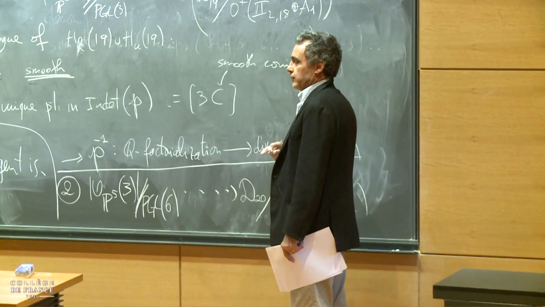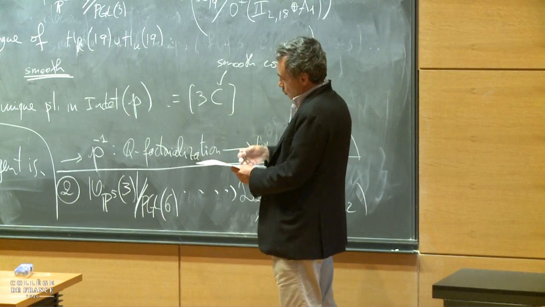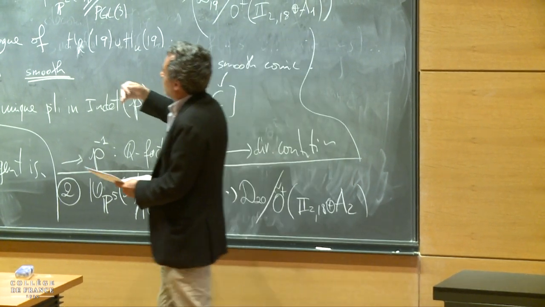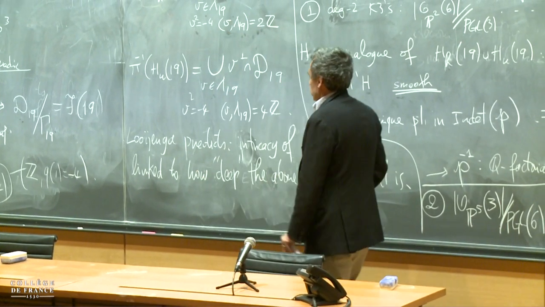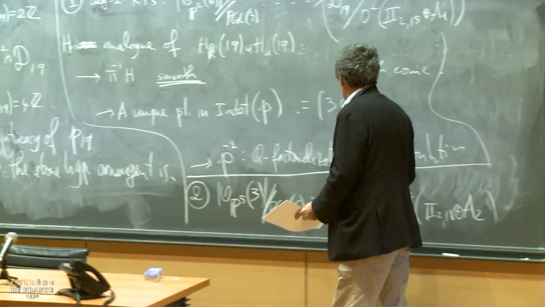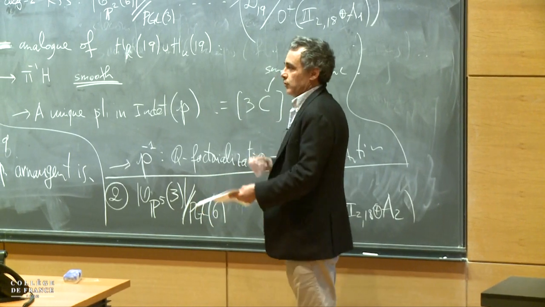So the idea is that each time you add one intersection, if you have three of these hyperplanes meeting, you would expect that you have two flips. If you have another, and so on. Okay?